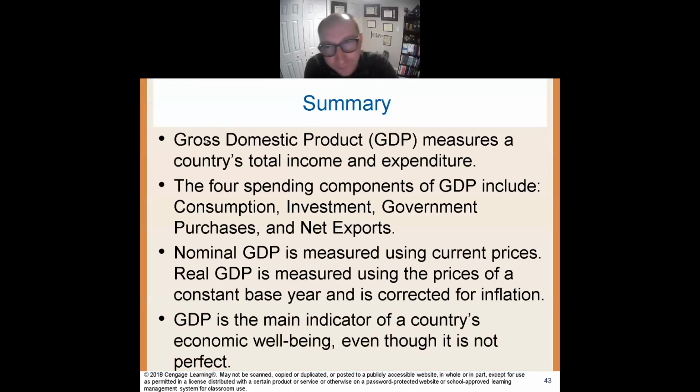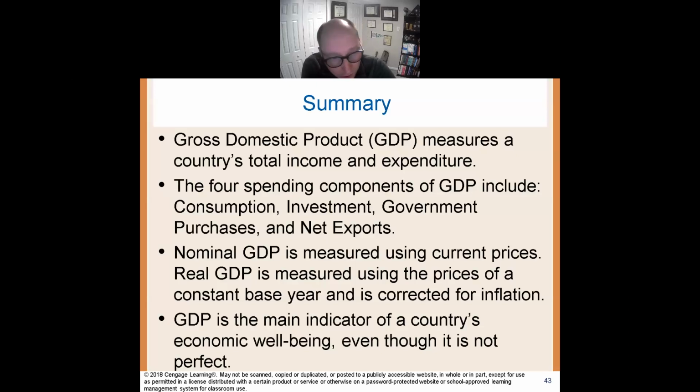In summary, GDP measures the total income of the country and expenditures of the country. We look at consumption of household spending, investments into the companies, property, plant, and equipment, government spending, net exports.